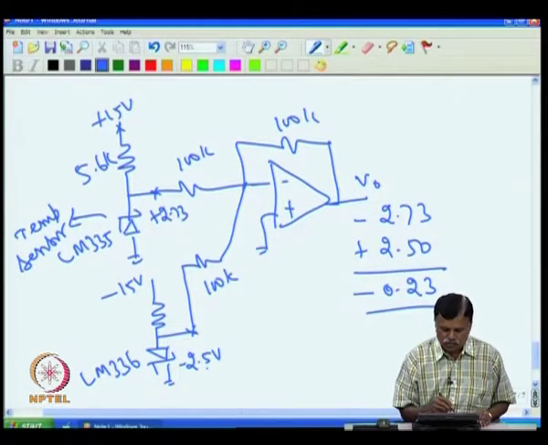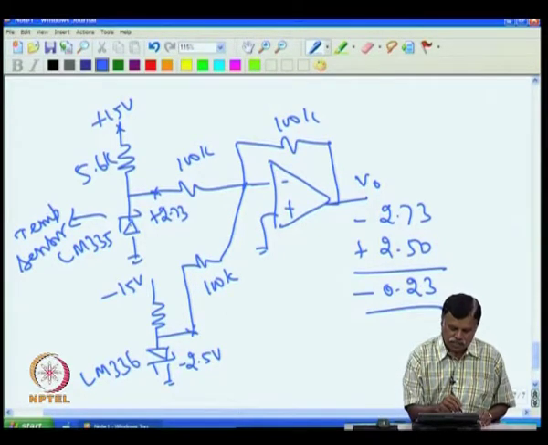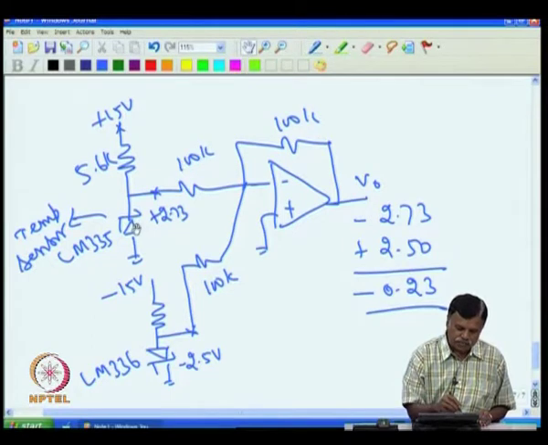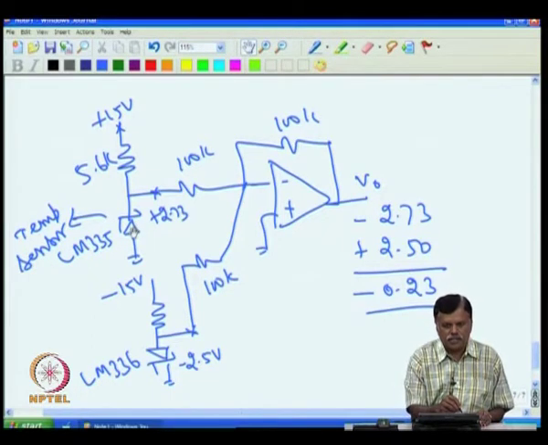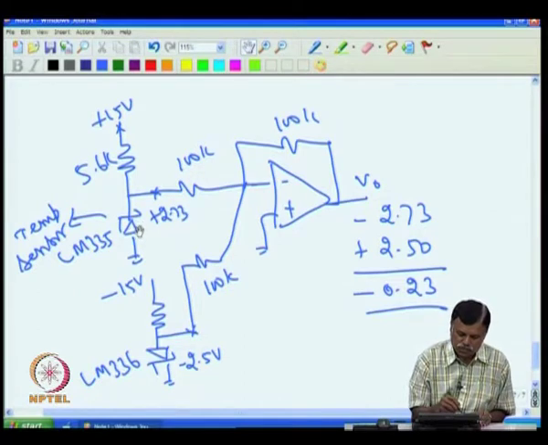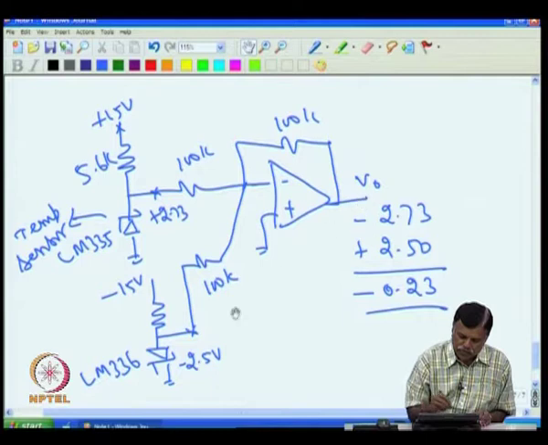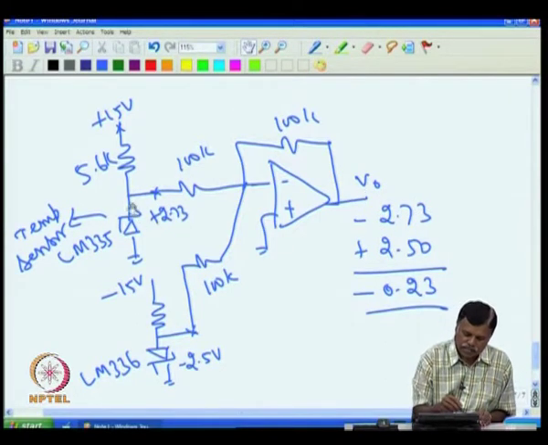Now, there is one way of solving this issue. My aim is to make the output 0 when the sensor is kept at 0 degree C. Since it is only 2.73 volt, I need not keep 100 K. This minus 2.5 volt should produce here plus 2.73 volt to cancel out the 2.73 volt given by the sensor.